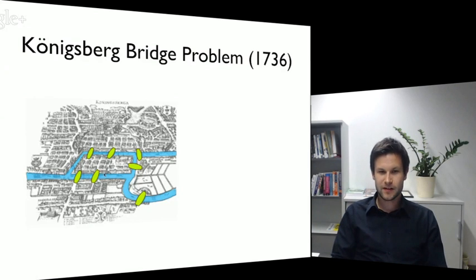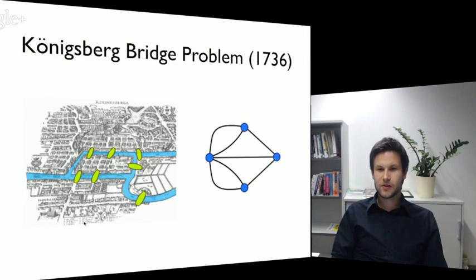So what you have here is 2 islands in the center, and you have the land which is above the river and below the river. And he was the first one who formulated this. He reduced it to a graph theory problem. So what he did was to remove all the details about the land.